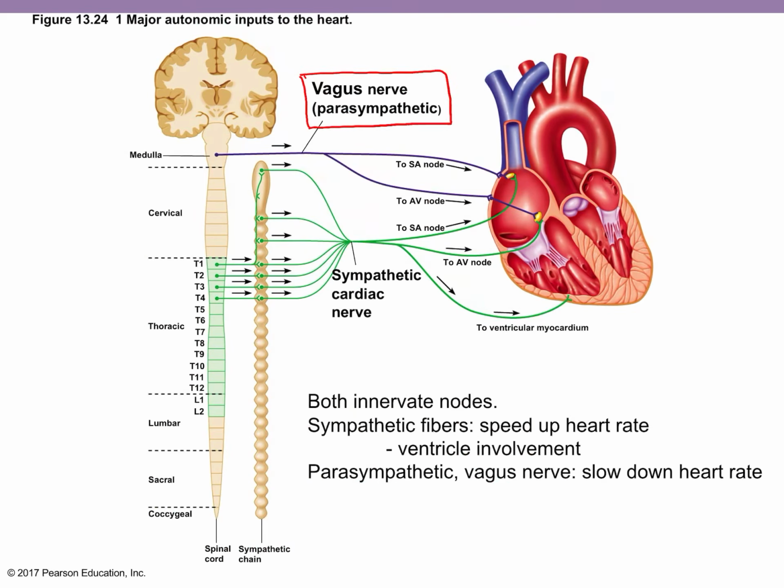This is your main delivery method of parasympathetic messages to your thoracic viscera and your abdominal viscera. Rest and digest, so very calm. And you can see the fibers are innervating the SA node and the AV node. So the vagus nerve only goes to your nodes.